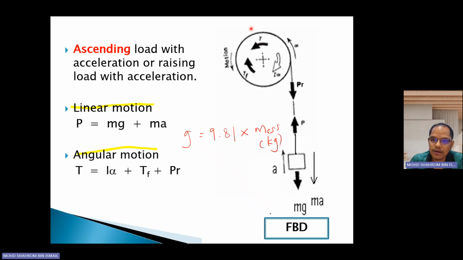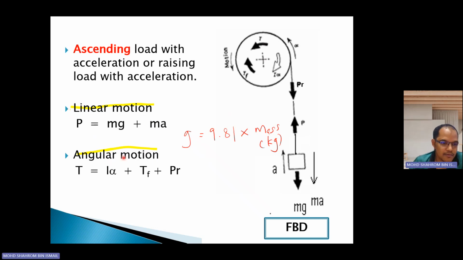So the flywheel somehow rotate anti-clockwise. So we're going to lift up the mass upward. So throughout the process, you're going to generate some acceleration, maybe around 2 meter squared over second. So you're going to measure the acceleration, and you multiply by the mass. So this is how you solve the linear equation or the linear motion of the system.